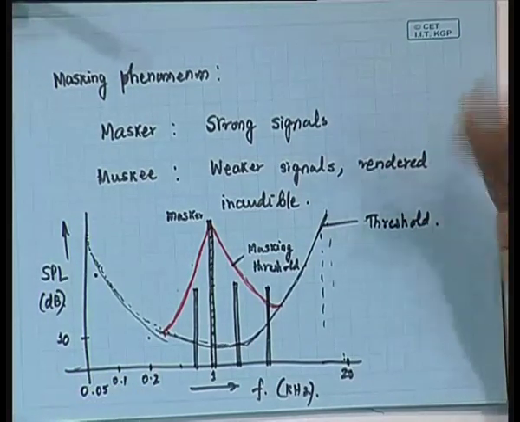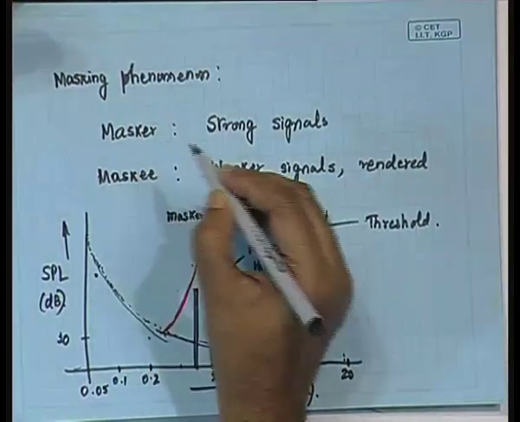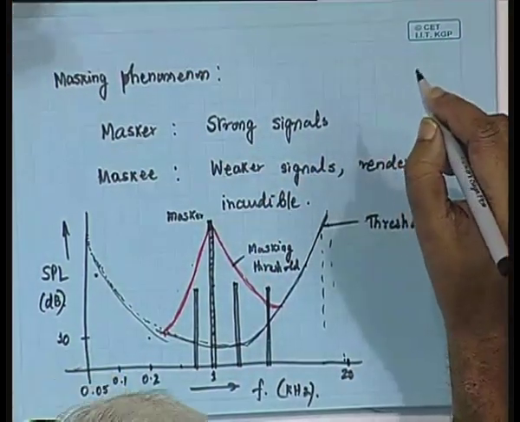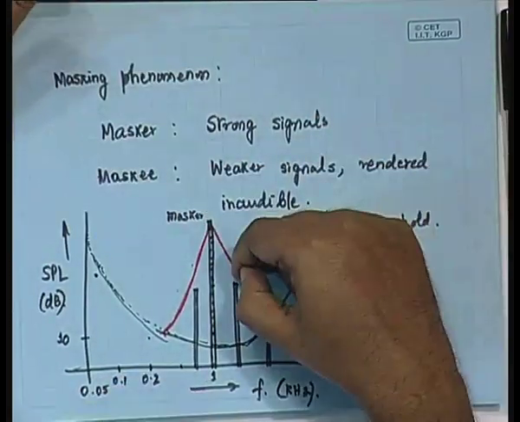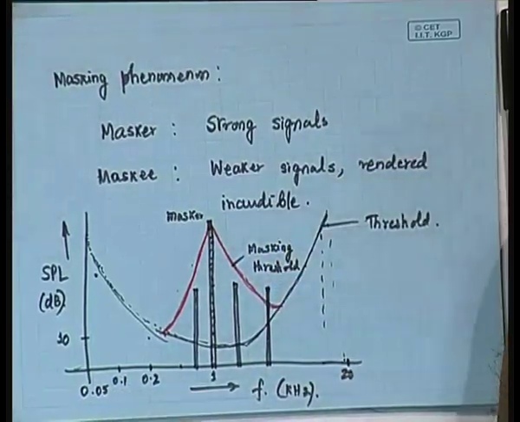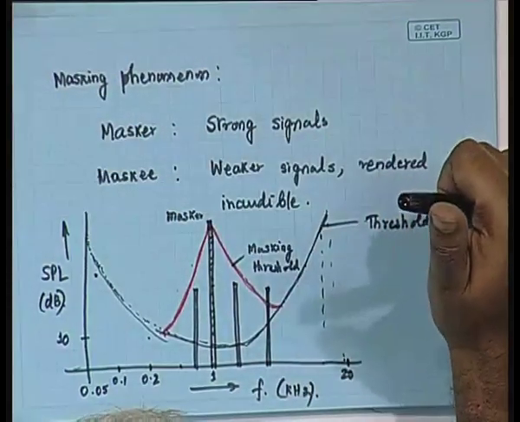Now, why this phenomenon is important, sorry, it should be the maskee, the masking. If this is the masking threshold, then any noise, the noise that is inherently present in digital audio, the quantization noise, should be below the masking threshold if you want it to be inaudible.